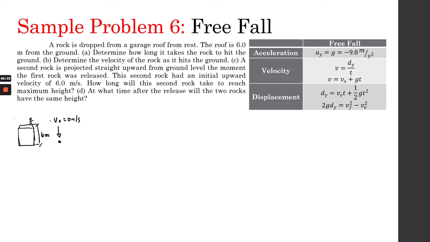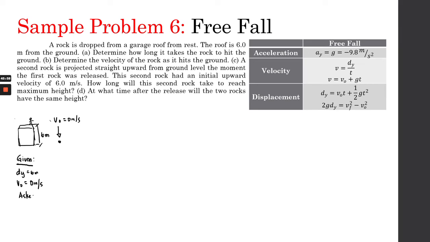Okay, so let's begin writing our given. The distance between the roof and the ground is 6 meters. Moreover, the initial velocity of the rock is 0 meters per second.